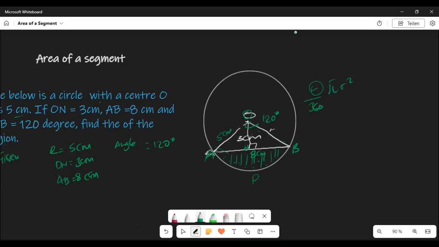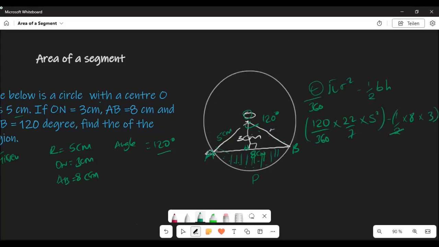But since now we want to subtract the area of a triangle, that's going to be minus 1/2 base times height. Now we have everything given. The angle is 120 degrees over 360, multiplied by 22 over 7, multiplied by r, which is 5, so that is 5 squared. Then minus half base, which we know of this triangle is 8, times height, which is 3.